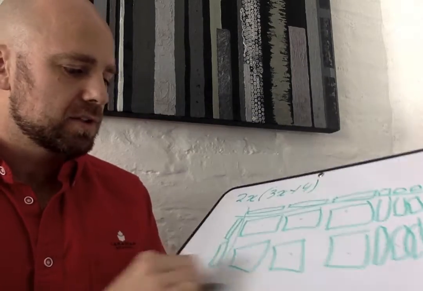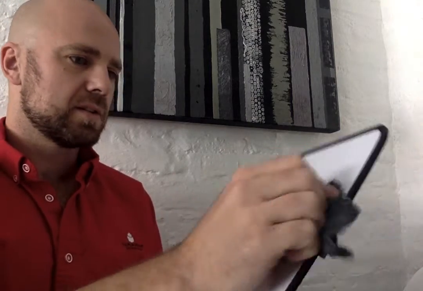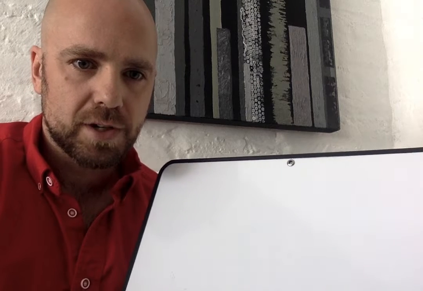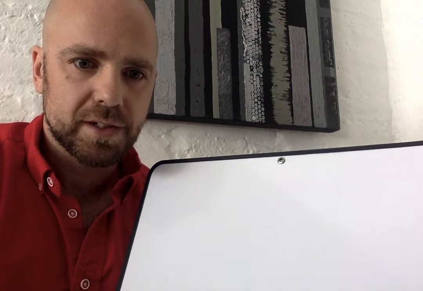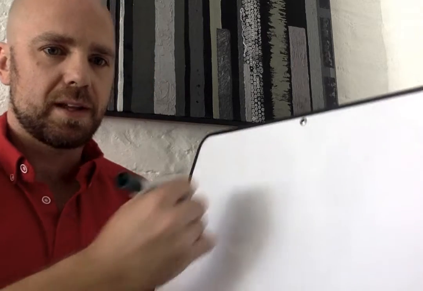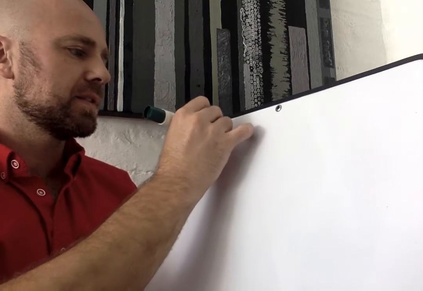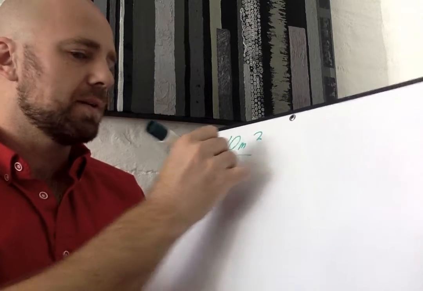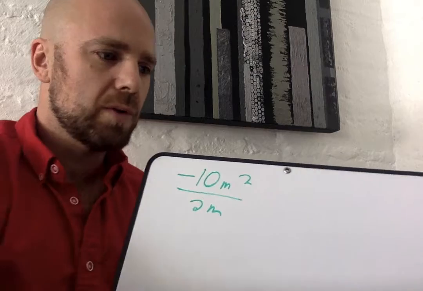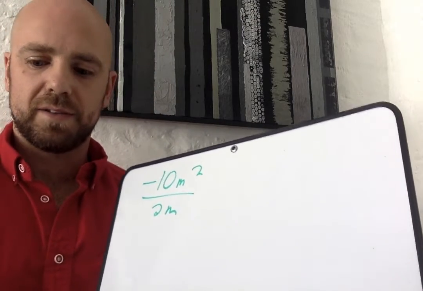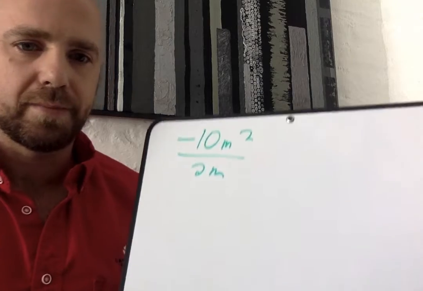All right, let's try another one, one with division here. If we have something like negative 10m squared divided by 2m, how would we do this in relation to area?